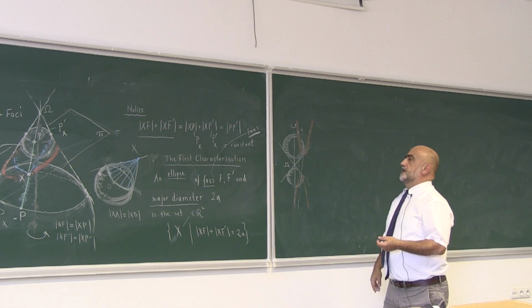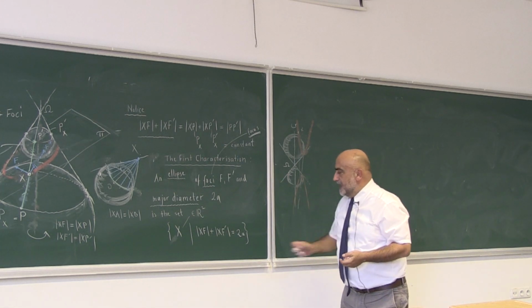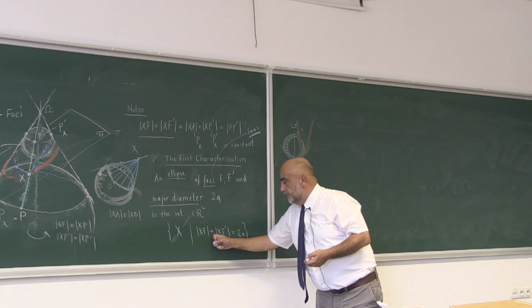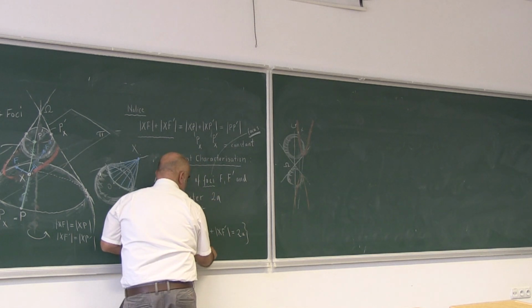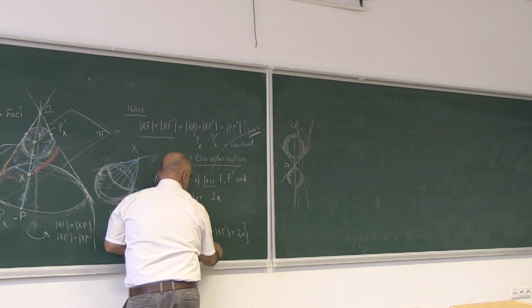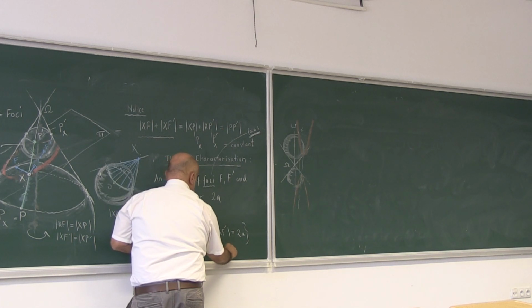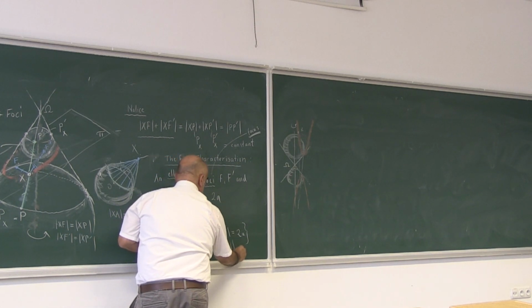If you do that, everything will work just as in this case, except that this formula will contain not the addition but subtraction. So you will in fact subtract the length XF and XF prime, and it will of course be done two ways, so you will take the absolute value, and that will be equal to 2a.